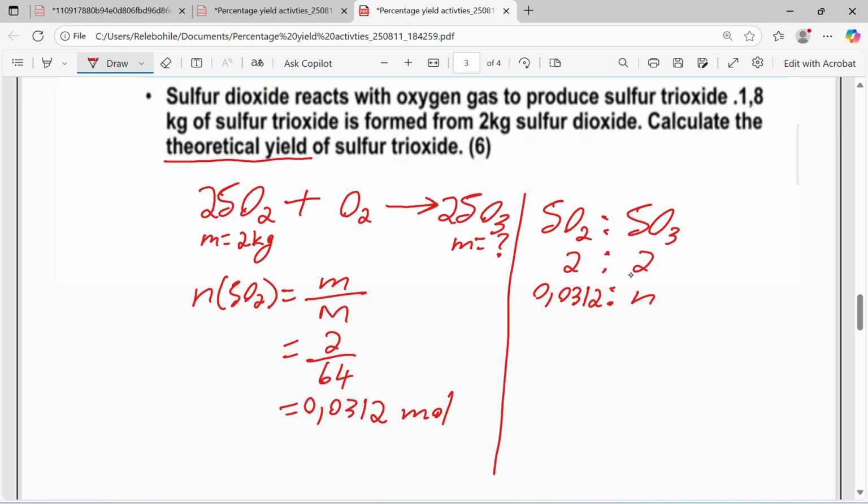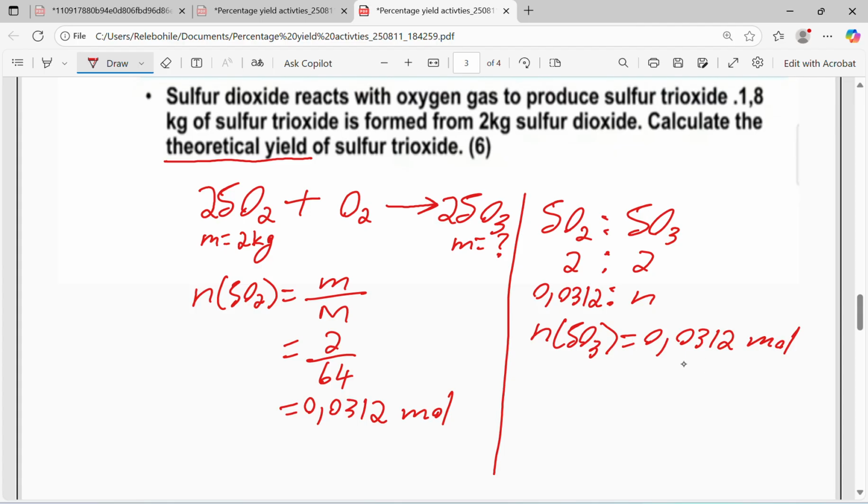I have 2 is to 2. 2 is to 2 means that SO3 will have the same number of moles as SO2. Why? Because the ratio is 2 is to 2. So I'll conclude here by saying N of SO3 is equal to 0.0312 moles.